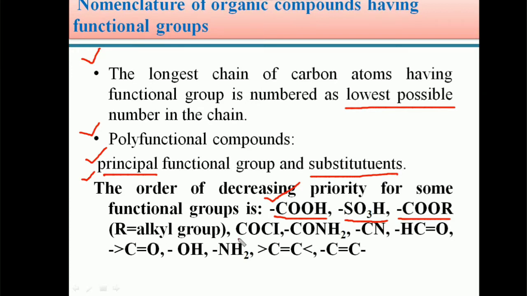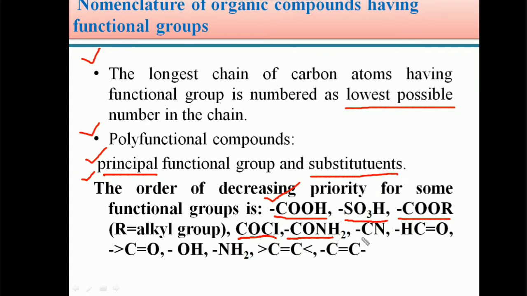Next, COCl. So COOR has higher priority than COCl, the carbonyl chloride or acid chloride functional group. Next, CONH2, the amide functional group. The amide functional group is lower in priority than acid chloride, acid, sulfonic acid and ester.